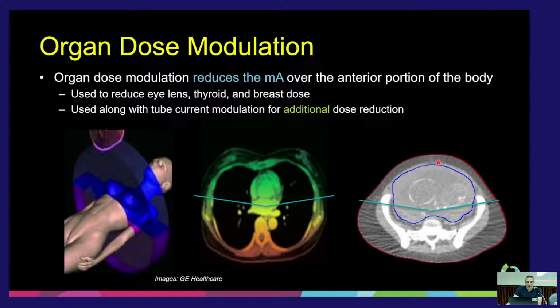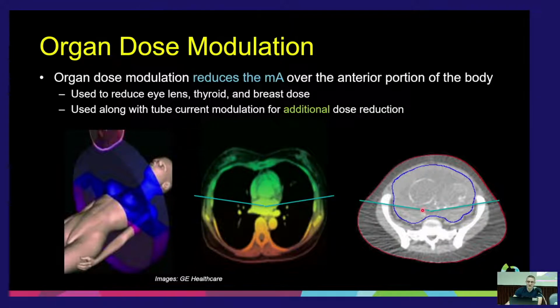Our particular vendor does not increase the dose on the posterior sweep, and so therefore it reduces the anterior dose. So we actually use it in the case where we know a priori that our patient is pregnant. And so for the most part, it's a great way to reduce fetal dose. My caution to you on that, if you are trying to use this for fetal dose reduction, I wouldn't use it for the vendor that increases the dose on the backside.